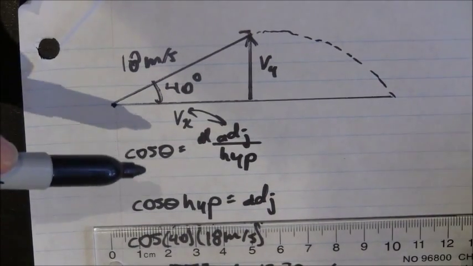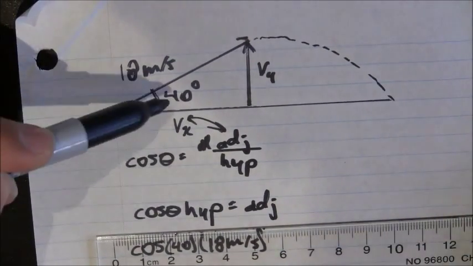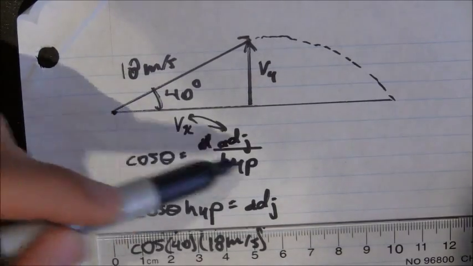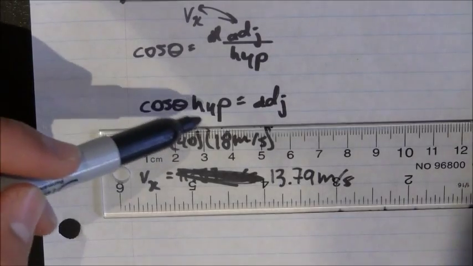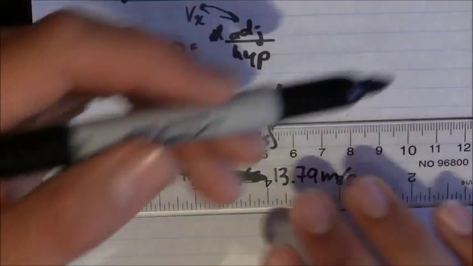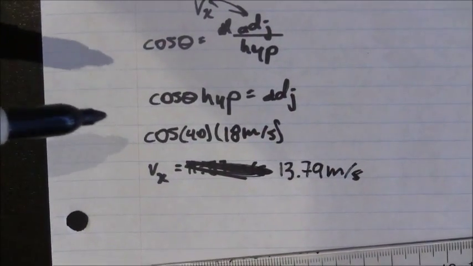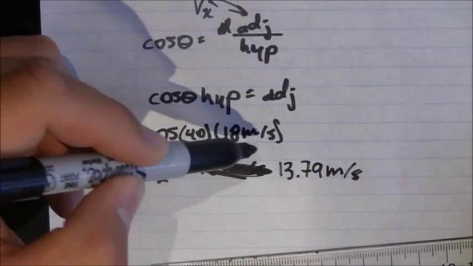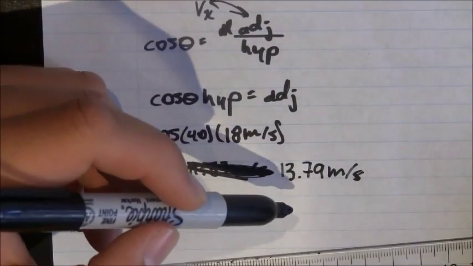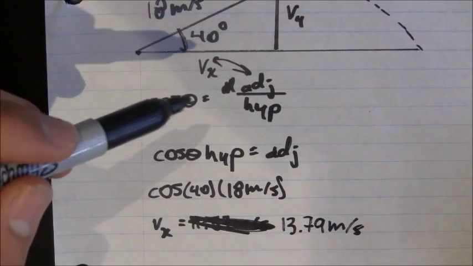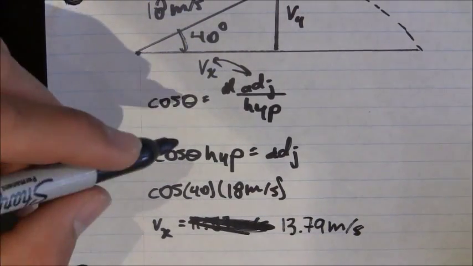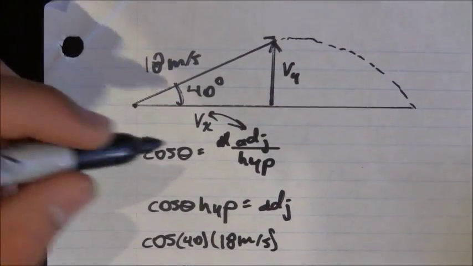Cosine is adjacent over hypotenuse. Now we've got theta, which is 40 degrees, and we've got the hypotenuse, which is 18 meters per second. So I can say cosine theta times hypotenuse equals adjacent. So the cosine of 40 times 18 is 13.79 meters per second. So that's the horizontal component of this projectile's velocity, which is what we need.